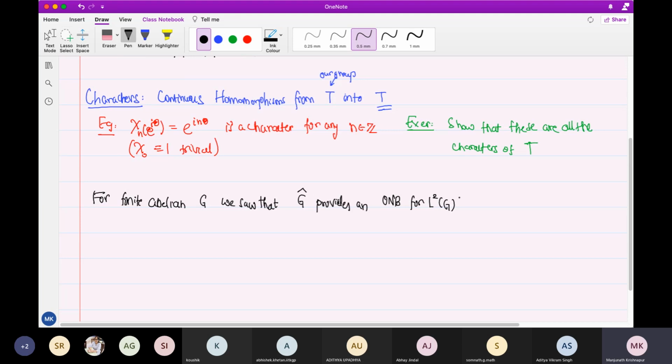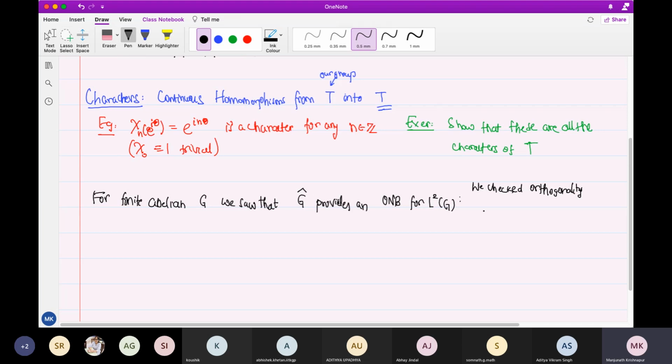How was that? So we checked the orthogonality. We checked that two different characters, that is two different elements of G hat, were orthogonal.